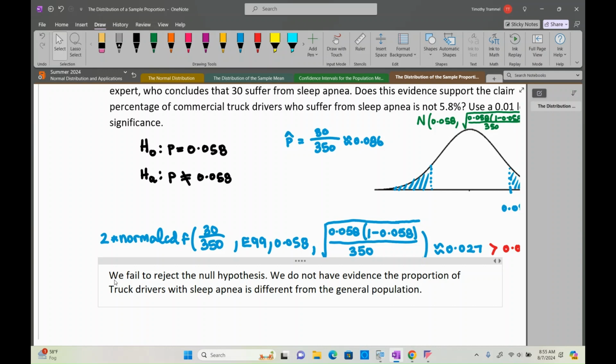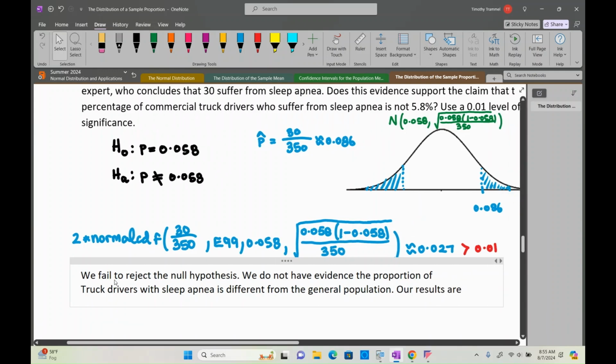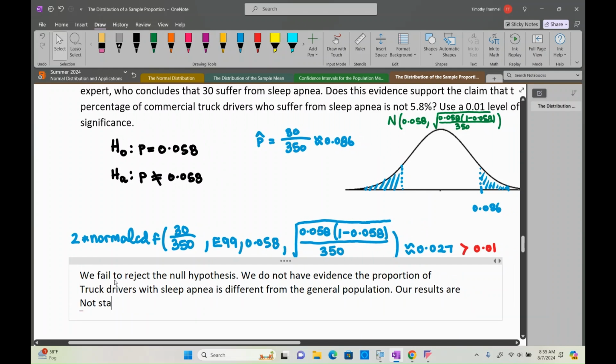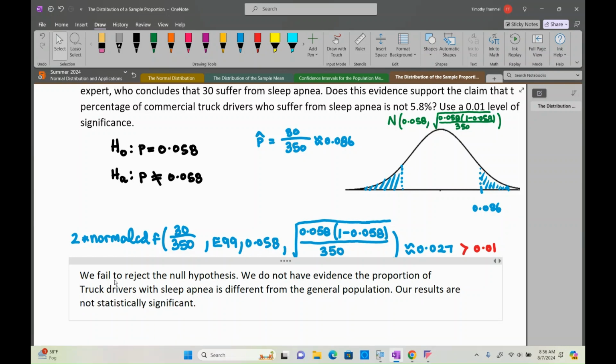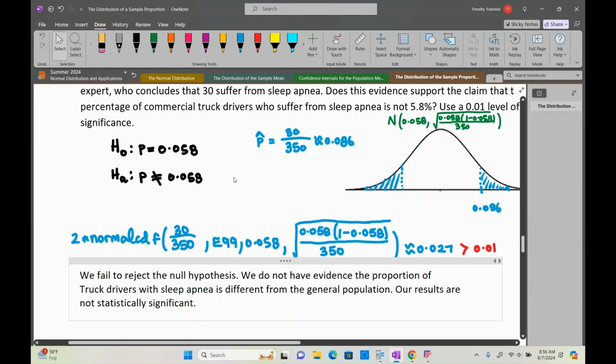Okay. And lastly, this also means that our results are not statistically significant.